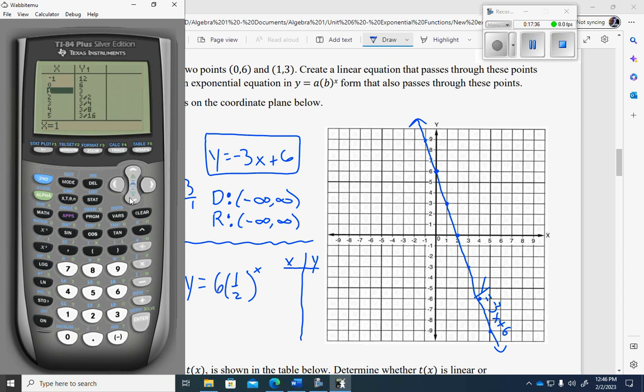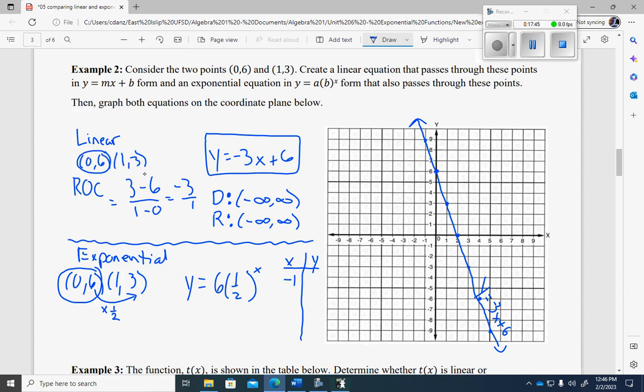So here's (0, 6) and (1, 3). So I did pretty good. And I should plot as many points as I can. It gets difficult with exponential functions.